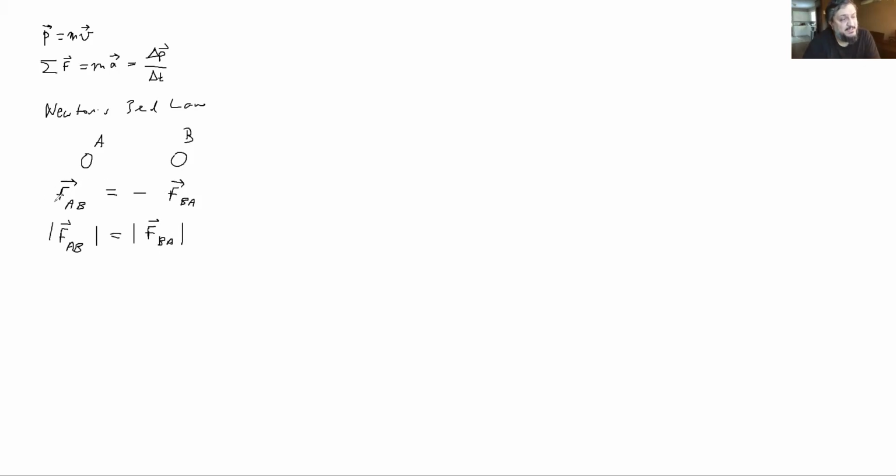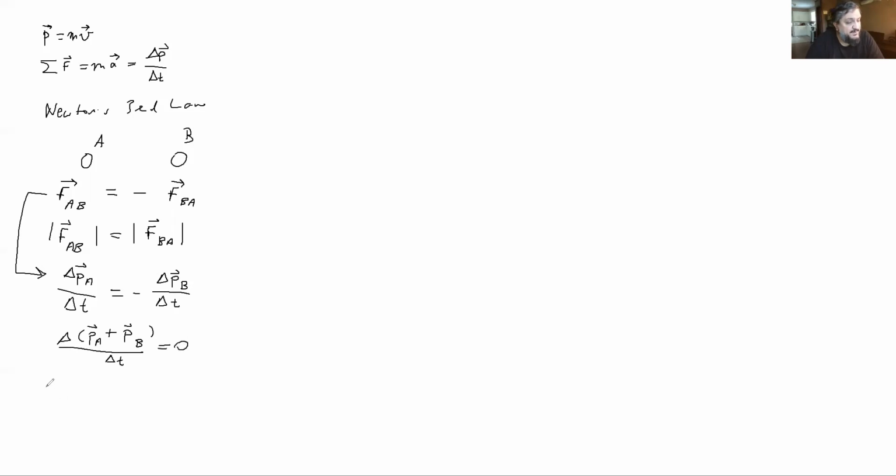Assuming that FAB, for instance, is the only force acting on A, this means delta PA divided by delta T will be equal to, on the right-hand side, negative delta PB over delta T. And we can rewrite this as delta PA, if we move this term to the left-hand side, plus delta PB will be 0.